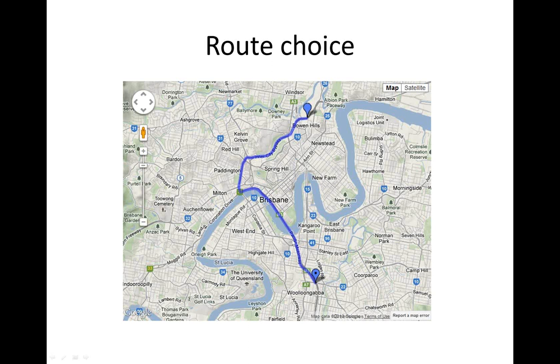So when everybody decides to use this same route, since there is only a limited capacity for, say, Pacific Motorway, congestion will start, and as a result of congestion, travel time increases on this route. So when travel time increases to a certain level, this alternative route, say the Clem 7 route, even though it has a toll level, will become more attractive, and therefore some of the travelers will then move to that particular route.